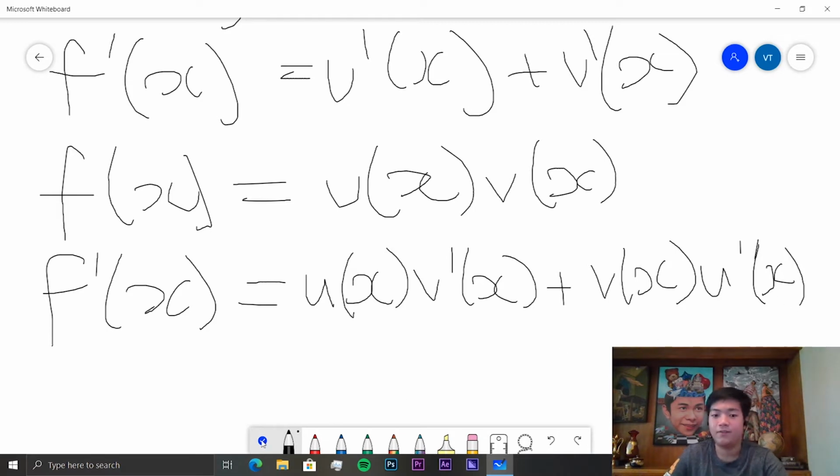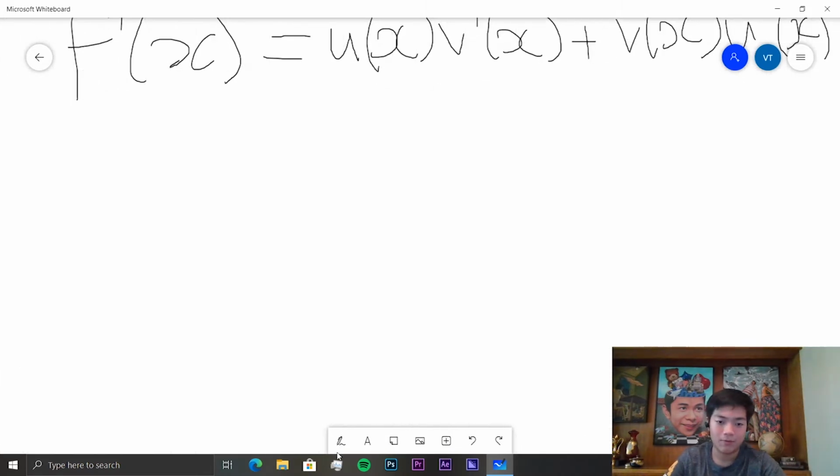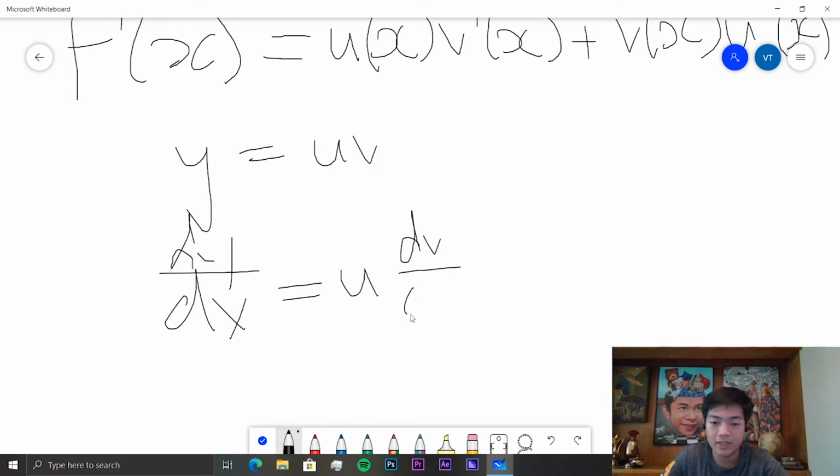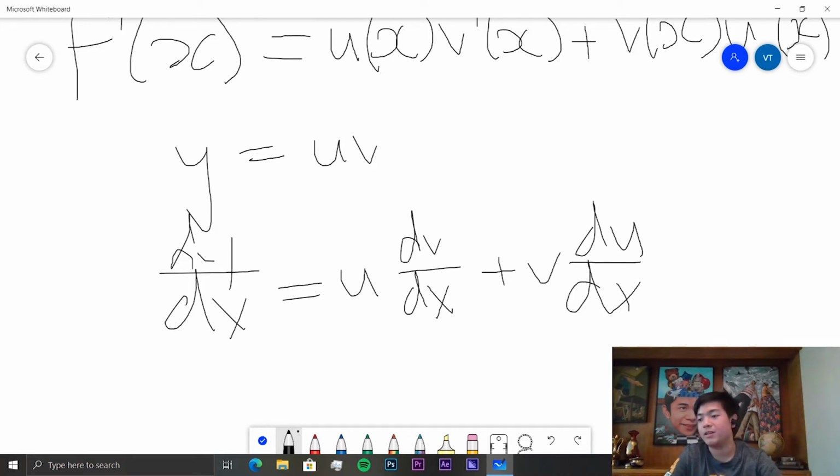Another way to write this, which I normally prefer, is if y is equal to uv, dy over dx is equal to u dv over dx plus v du over dx. So this is called the product rule, and it will be very important.